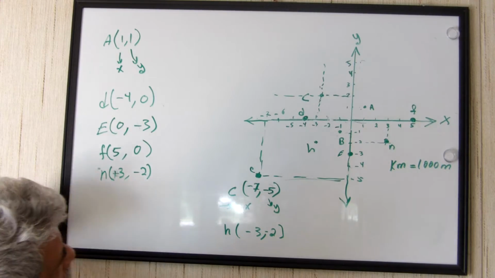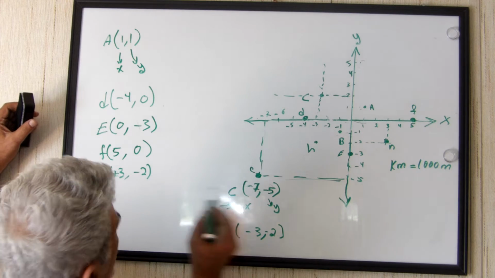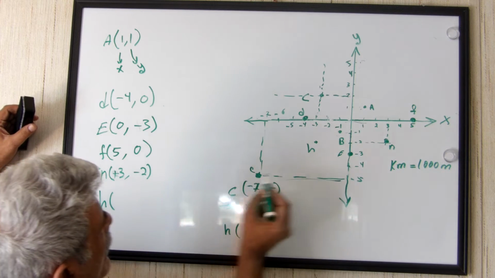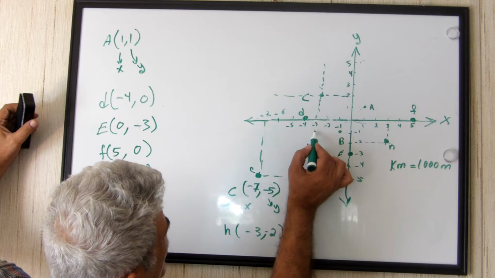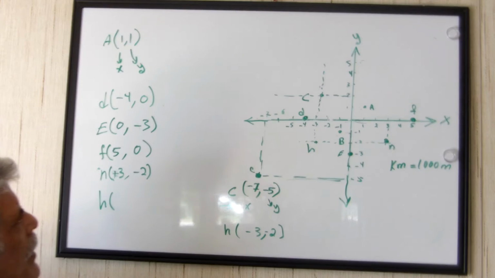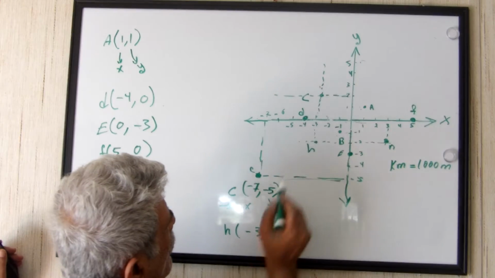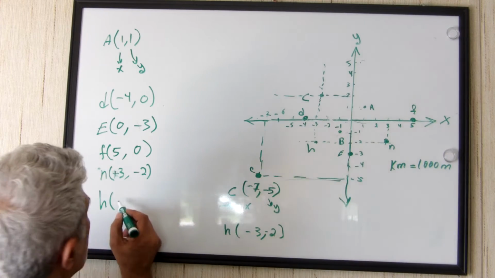And we didn't write H. H is -3. They usually put it in such a way that you can read it easily. What is x? X is -3.